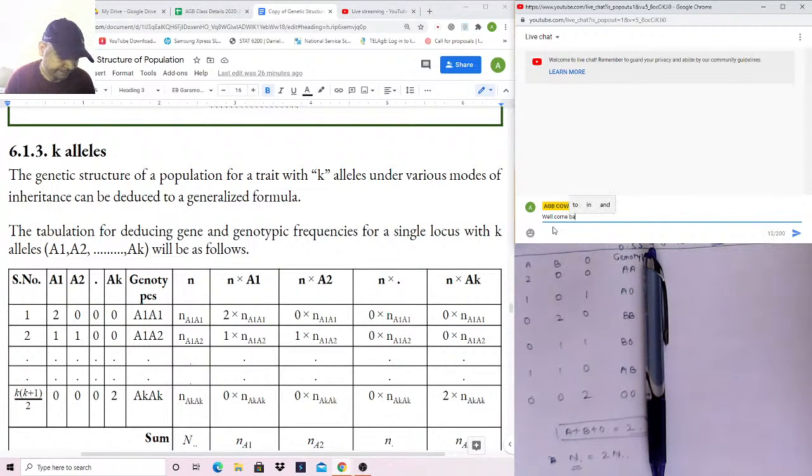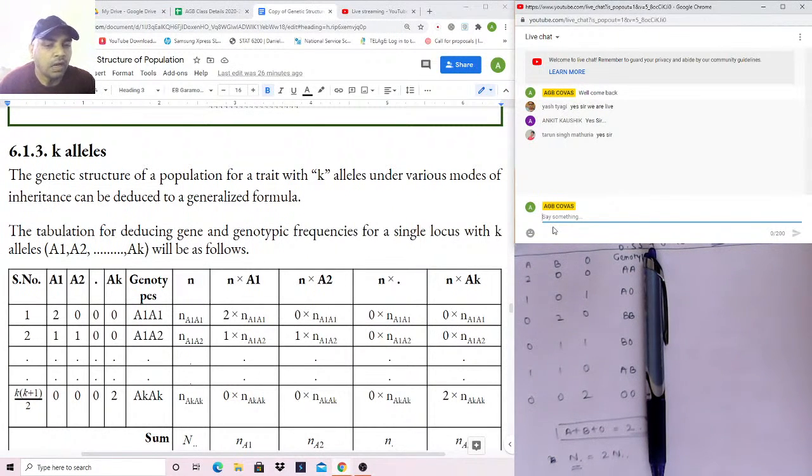Welcome back. So kindly just confirm that you are able to listen to me. Okay, yes. So Yash and Ankit have confirmed that they are able to see and listen to me.